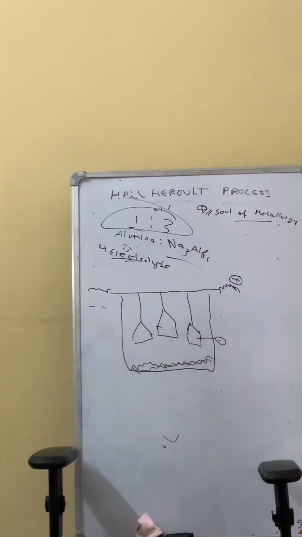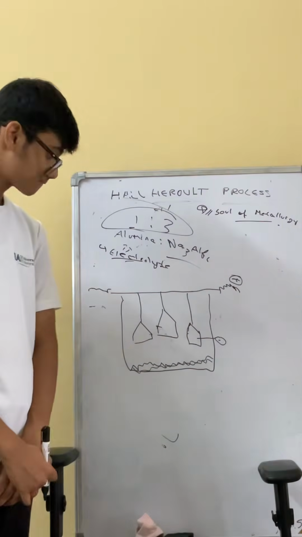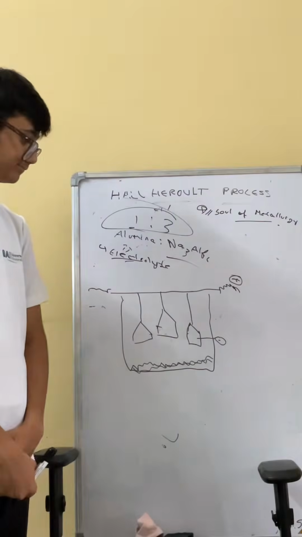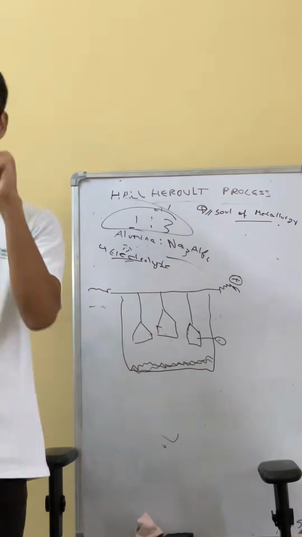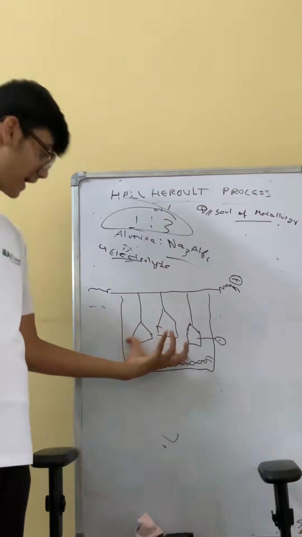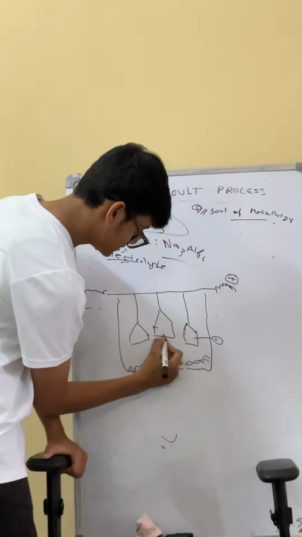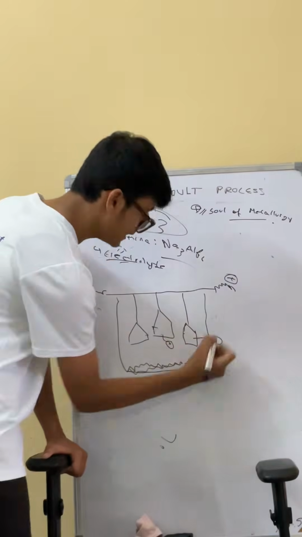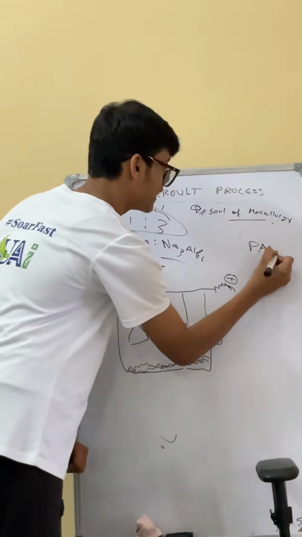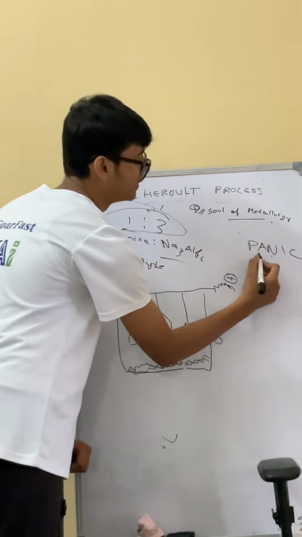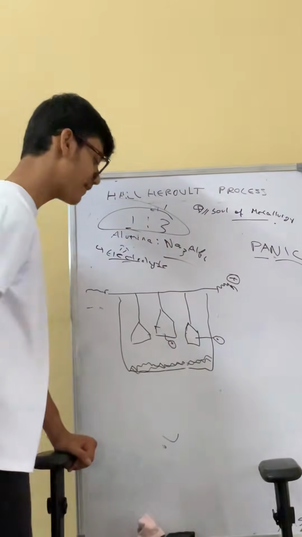Are these positive or are these negative? Are these anodes or are these cathodes? These are anodes. I hope you remember that forever in your life: positive is anode, negative is cathode.